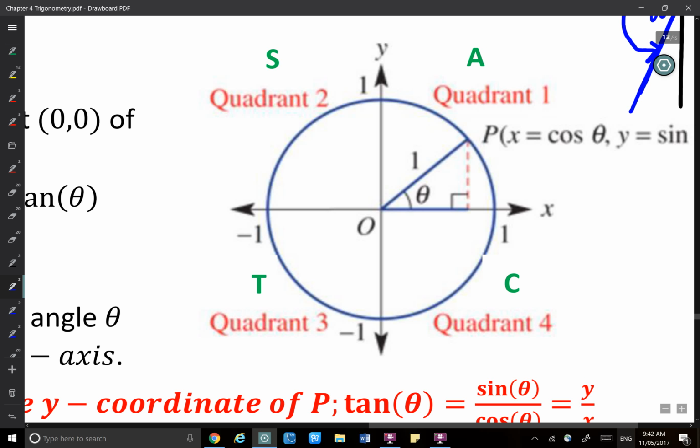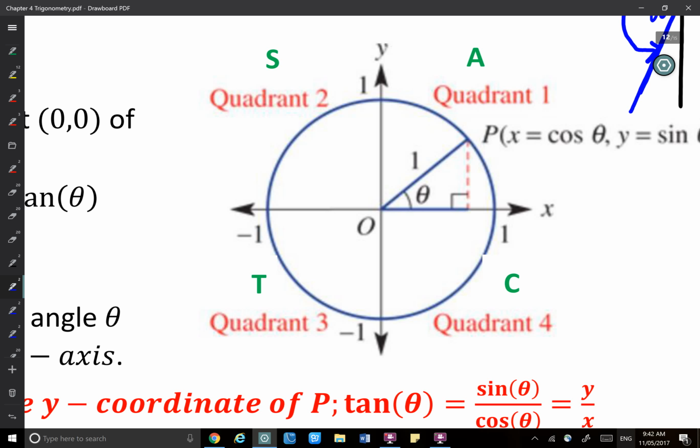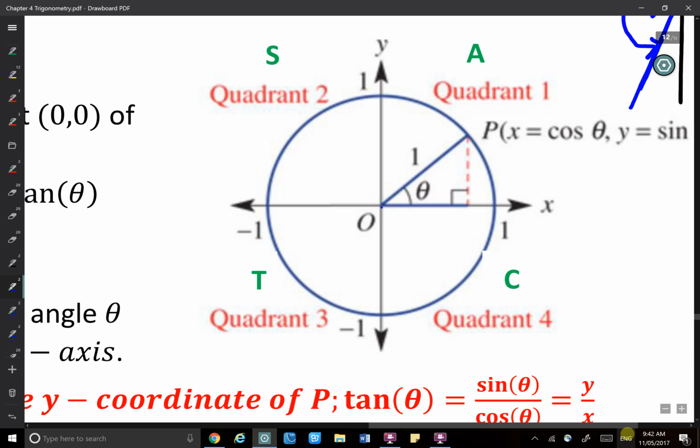Let's say we make a 45-degree angle. The 45-degree angle is here. It's just this line from the center, so I make a 45-degree angle here.